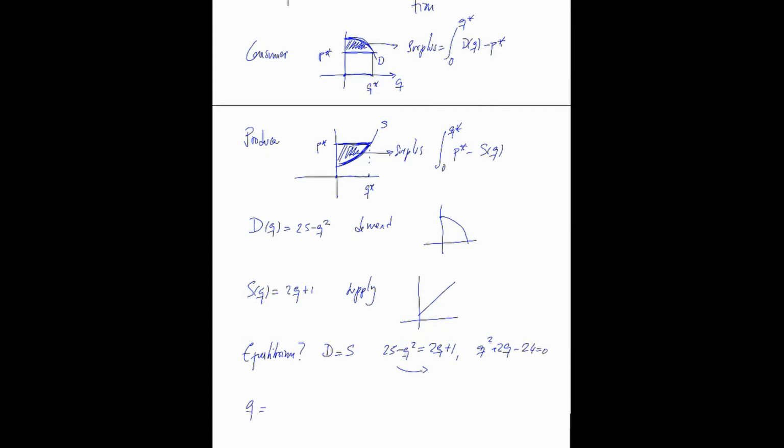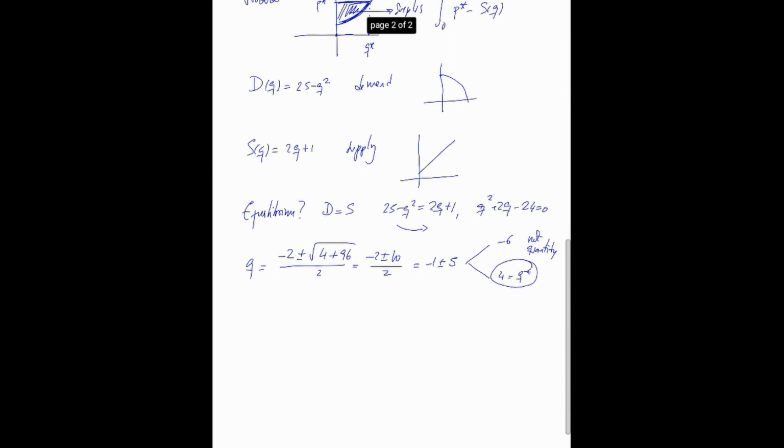So Q equals minus b plus or minus the square root of b squared minus 4ac, divided by 2a, which is minus 2 plus or minus 10 divided by 2, which is minus 1 plus or minus 5, so minus 6 or 4. Minus 6 is not a quantity because it's negative, so 5 minus 1 is 4. This is our equilibrium quantity.